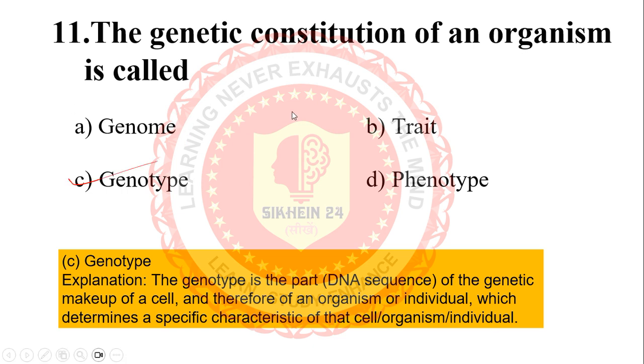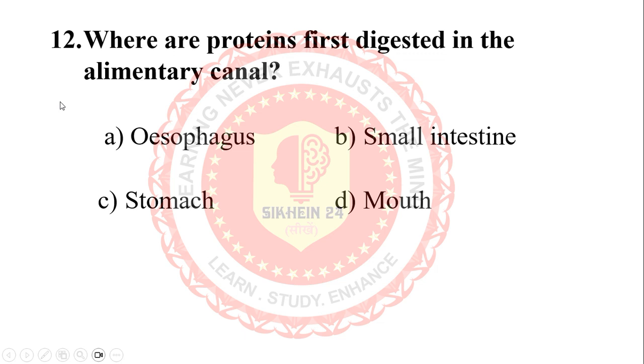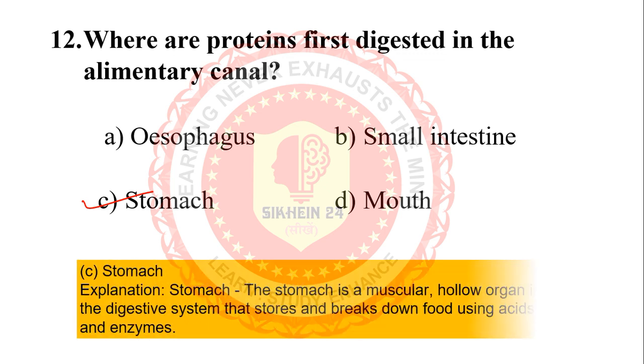Next question on your screen: where are proteins first digested in the alimentary canal? A. Esophagus, B. Small intestine, C. Stomach, D. Mouth. I think C is the correct option. Let's see. Yes, stomach.